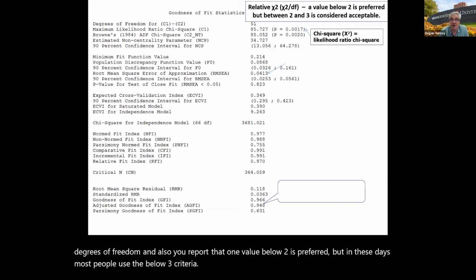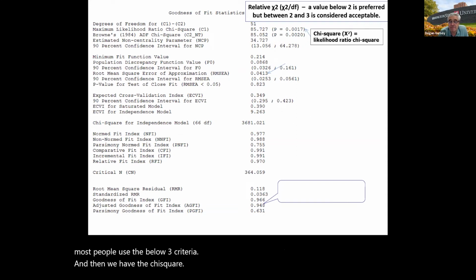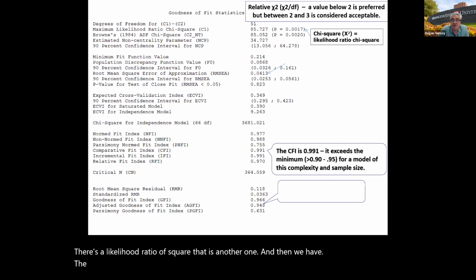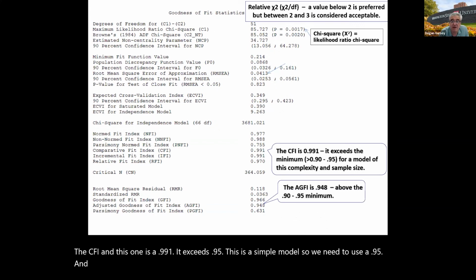And then we have the chi-square, the likelihood ratio chi-square. There is another one. And then we have the CFI, and this one is 0.991. It exceeds 0.95. This is a simple model, so we need to use 0.95. And then we have the AGFI, 0.948.